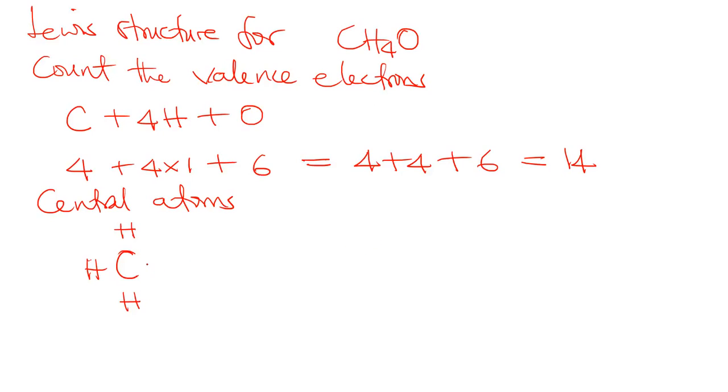The 4th chemical bond should come from oxygen, because we have 2 central atoms here. So oxygen will bond to carbon, and 1 hydrogen will bond to oxygen. That's why we have 4 hydrogens.